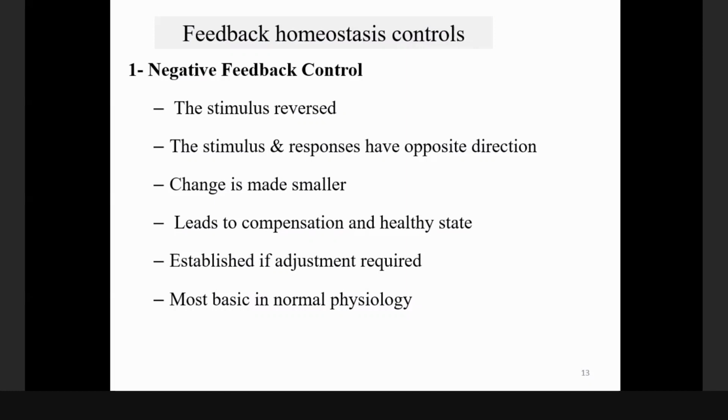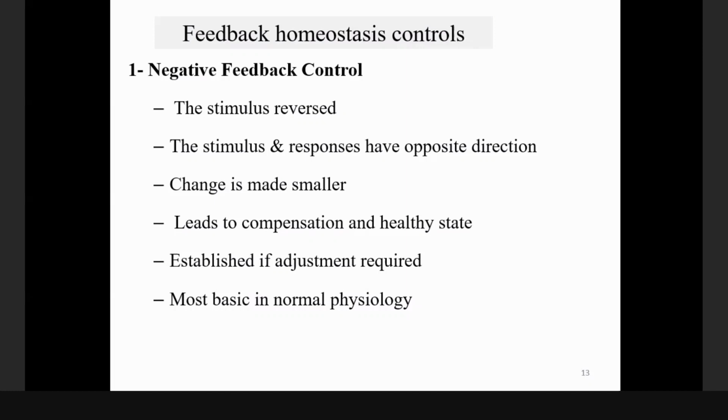In the case of the negative feedback control system, assume there is a change, and that change is reversed. For instance, if your body temperature is increased, it should be reduced back.